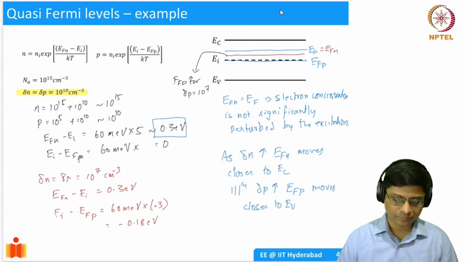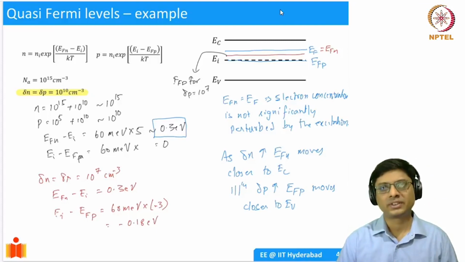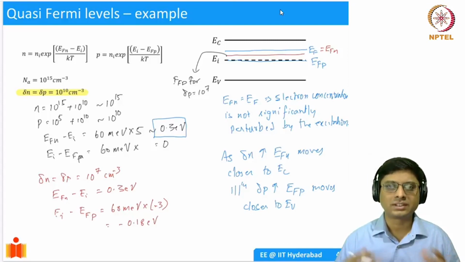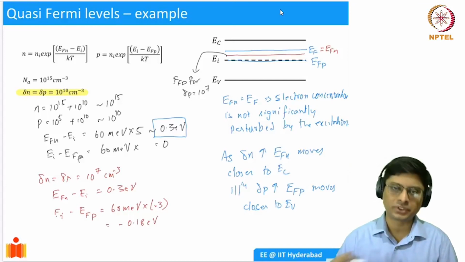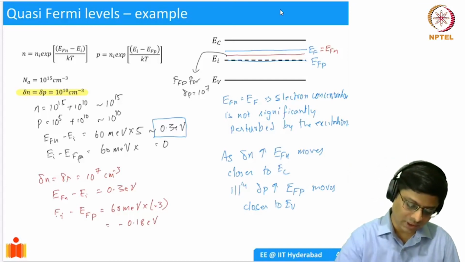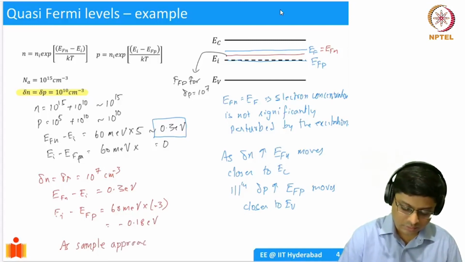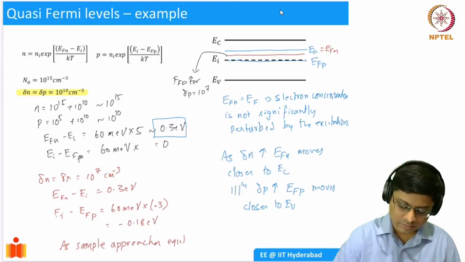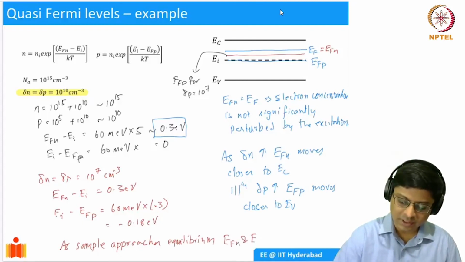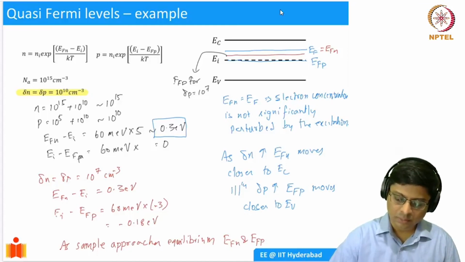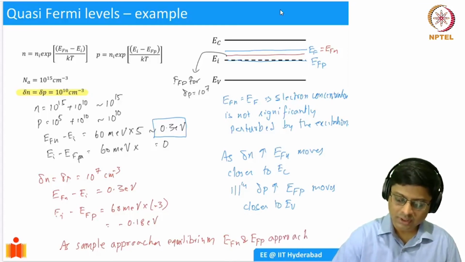You see, we have seen in the previous case, in the last lecture, that as the excess minority carrier concentration reduces, the sample approaches equilibrium. So we can conclude that as the sample approaches equilibrium, EFN and EFP approach EF.